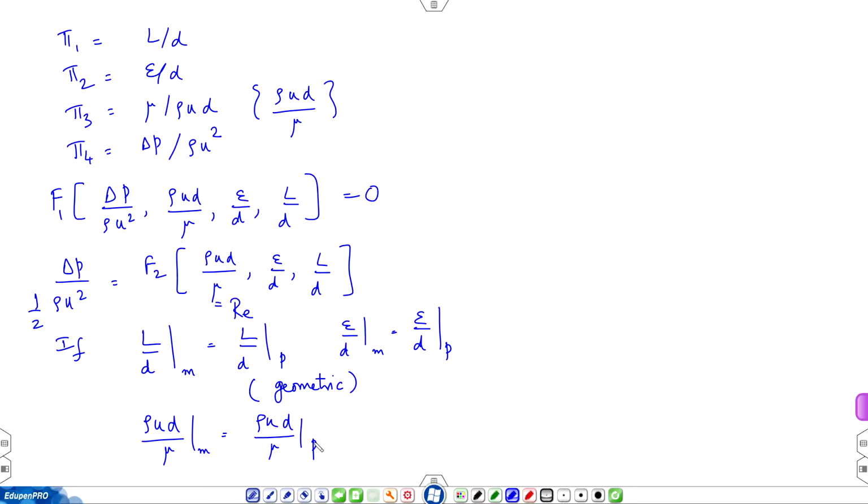It is not so clear, but as we go along it will be revealed that indeed it is an expression for dynamic similarity. What is dynamic similarity? It tells you that the relative importance of forces going from the model to the prototype should be preserved.